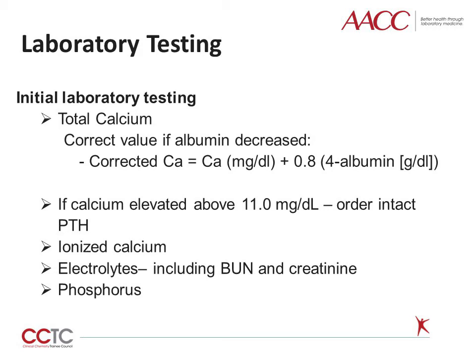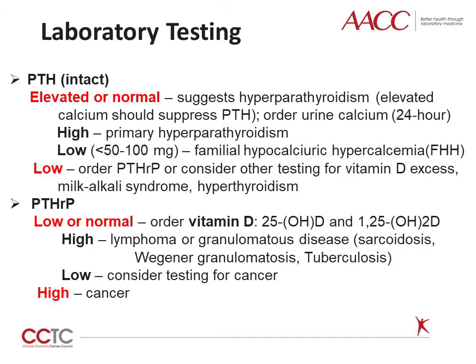If calcium is elevated above 11 mg per deciliter, then order intact PTH, along with other tests such as ionized calcium, electrolytes, including BUN and creatinine, phosphate. If PTH is elevated or normal, suggesting hyperparathyroidism, then order 24-hour urine calcium. If urine calcium is high, that suggests primary hyperparathyroidism.